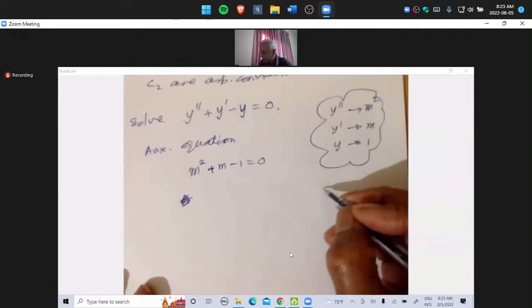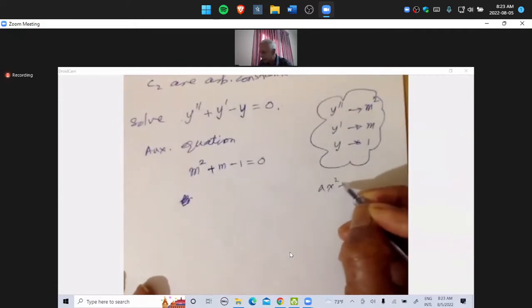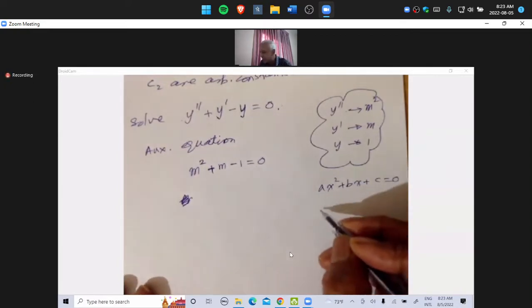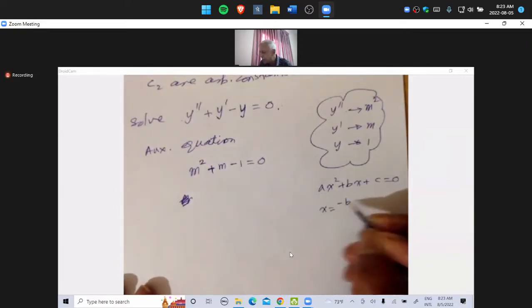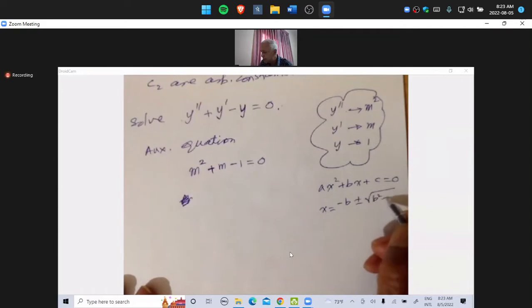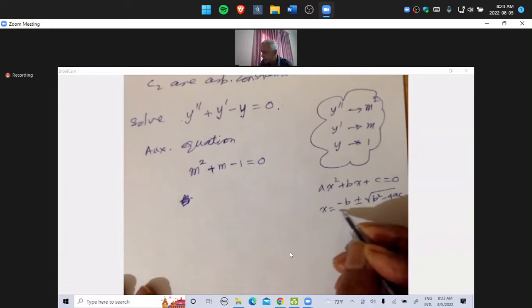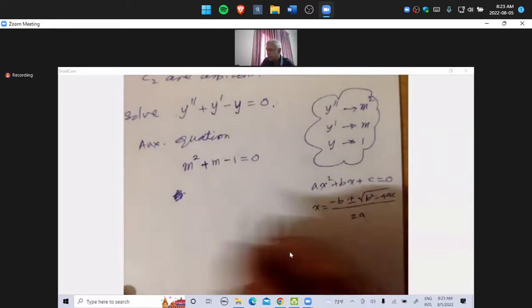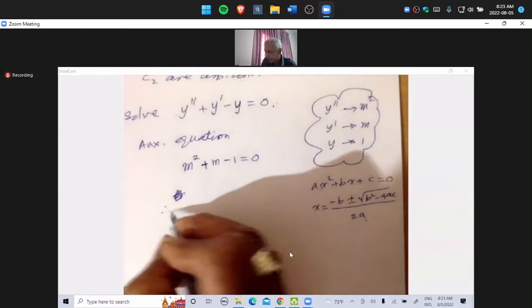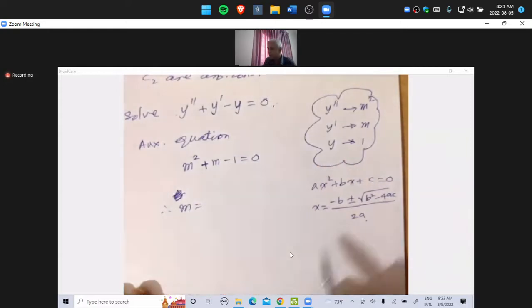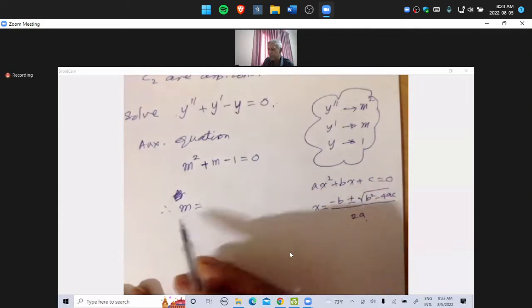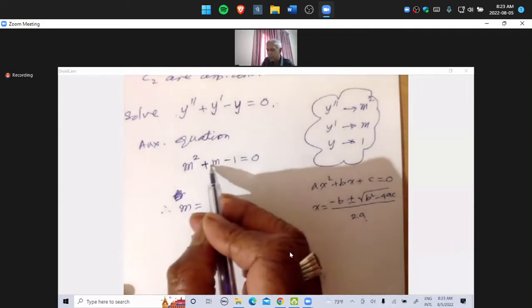What is the theory part there? Ax squared plus bx plus c equal to 0. So you have this equation, x is equal to minus b plus or minus square root of b squared minus 4ac, divided by 2a. So here we can write, therefore, m is equal to minus b, now instead of x we have m. What is b for this one?